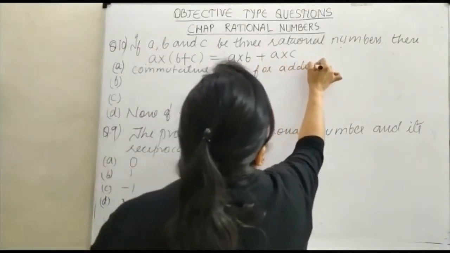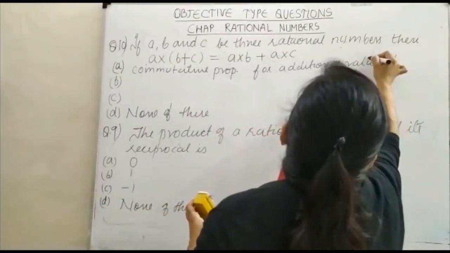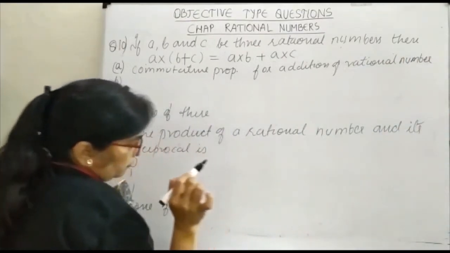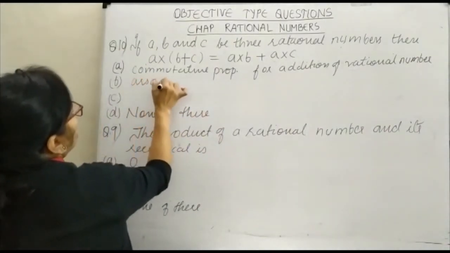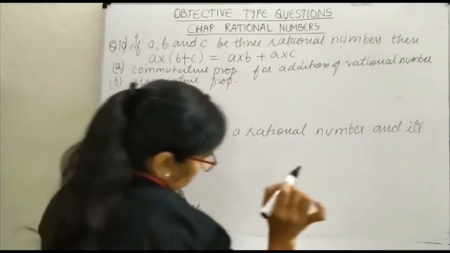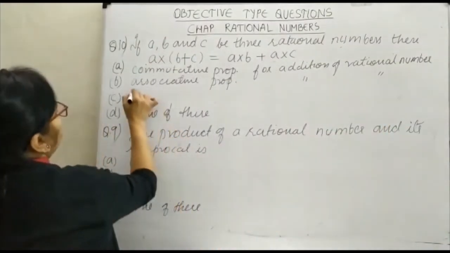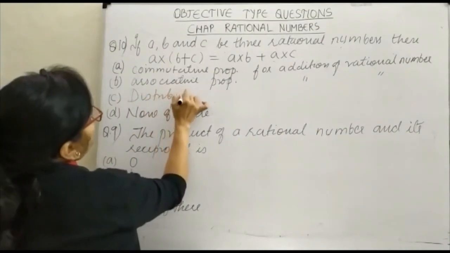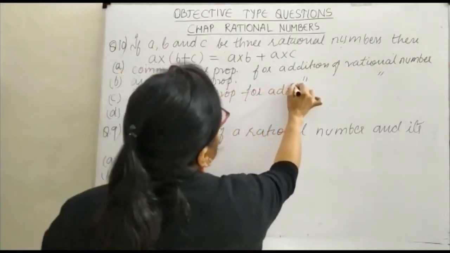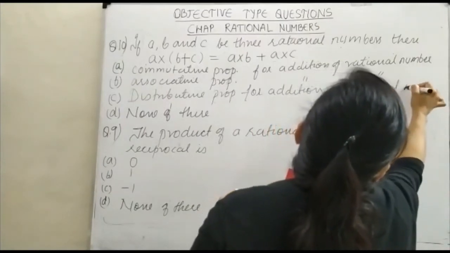Second is associative property, once again the same, for addition of rational number. Then the third is distributive property for addition of rational number.